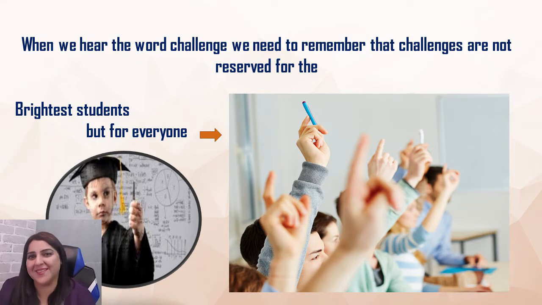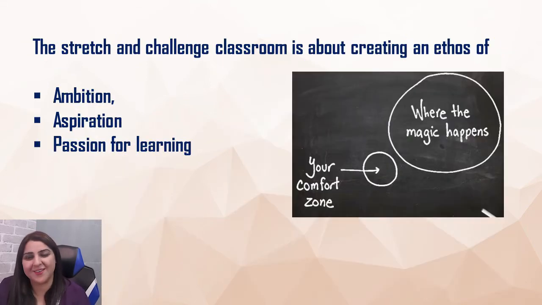To start with, we need to create an ethos of ambition, aspiration, and passion for learning in your classroom. And how does that happen? It's because of a few strategies in place. And before we come back to all the strategies which we will discuss today in our session, I would like to talk about why we are doing this.